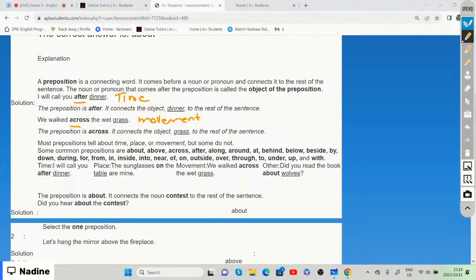And we said across is a preposition and it connects it to the object, which is grass, right? And then we went over the most common forms of prepositions.